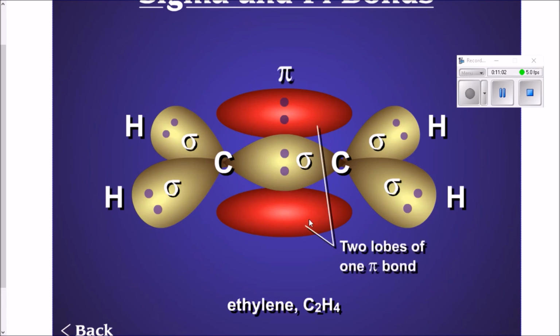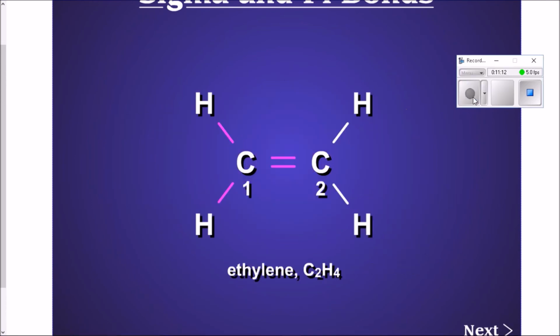So those electrons exist in both of those simultaneously. We don't know where they are. We know they exist in both. It's got 2 lobes. That's 1 pi bond. So 1 sigma bond and 1 pi bond is actually what a double bond looks like. Okay? So we're going to see this a little bit further as we continue this in class. Thank you very much.